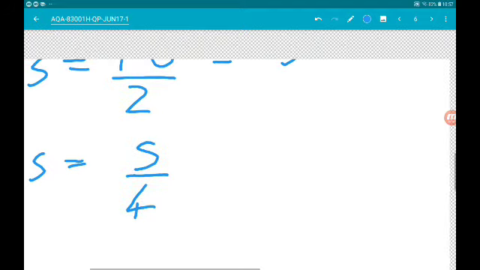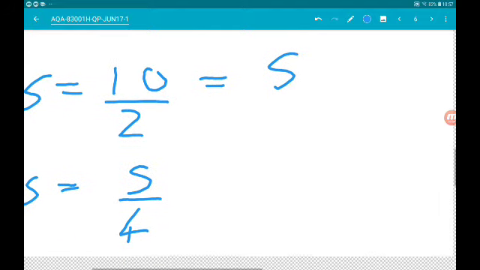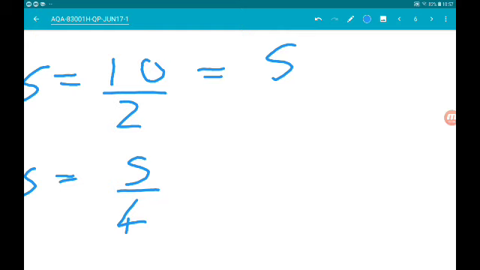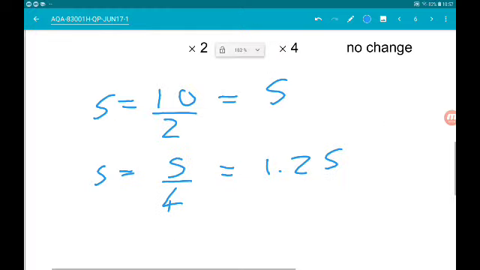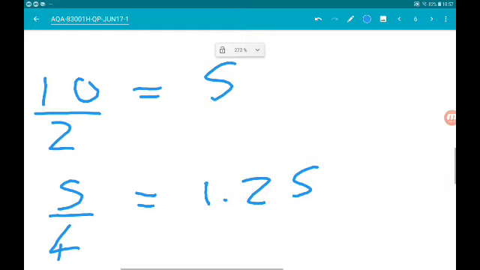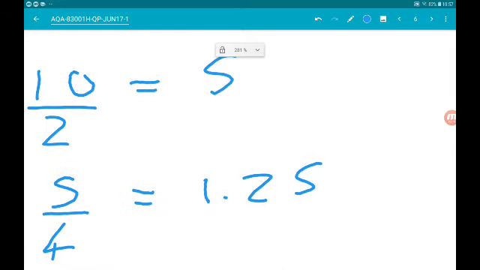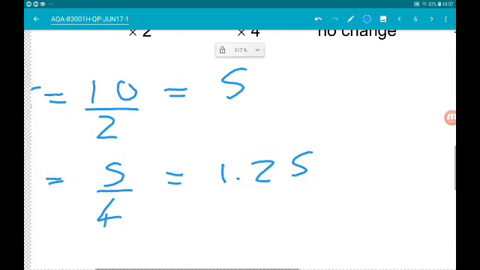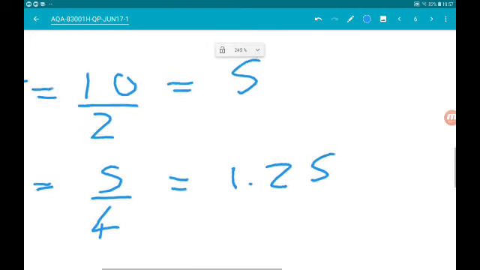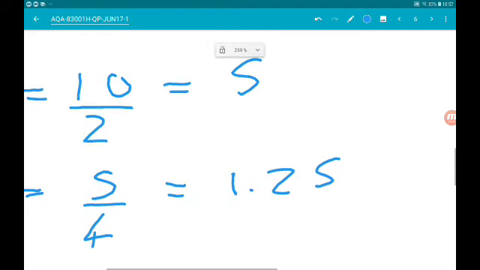Now 5 over 4 is, well, we could think of that as 10 over 8, or we could turn it into a decimal. It's 1.25. Now that is a quarter of 5, but it's not easy to see. So let's keep things as fractions.